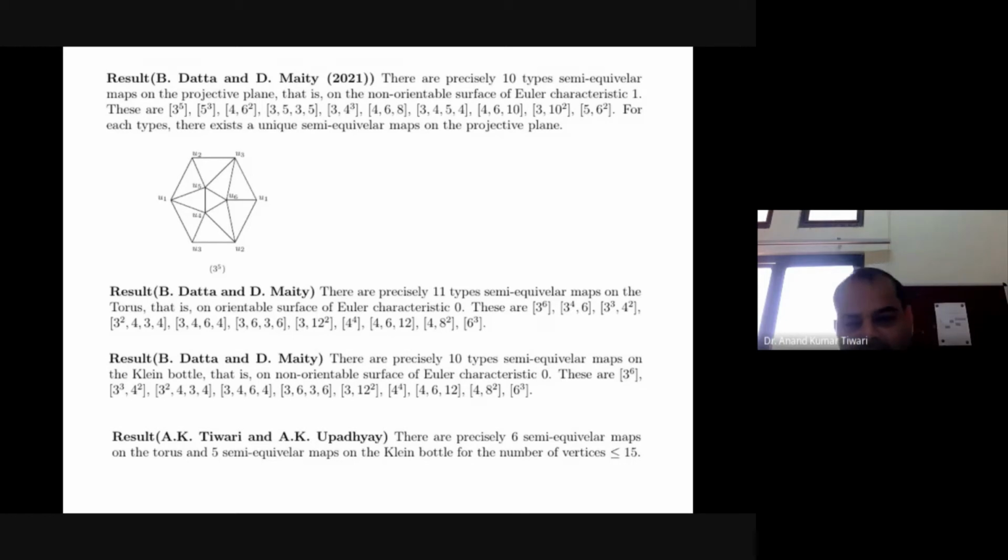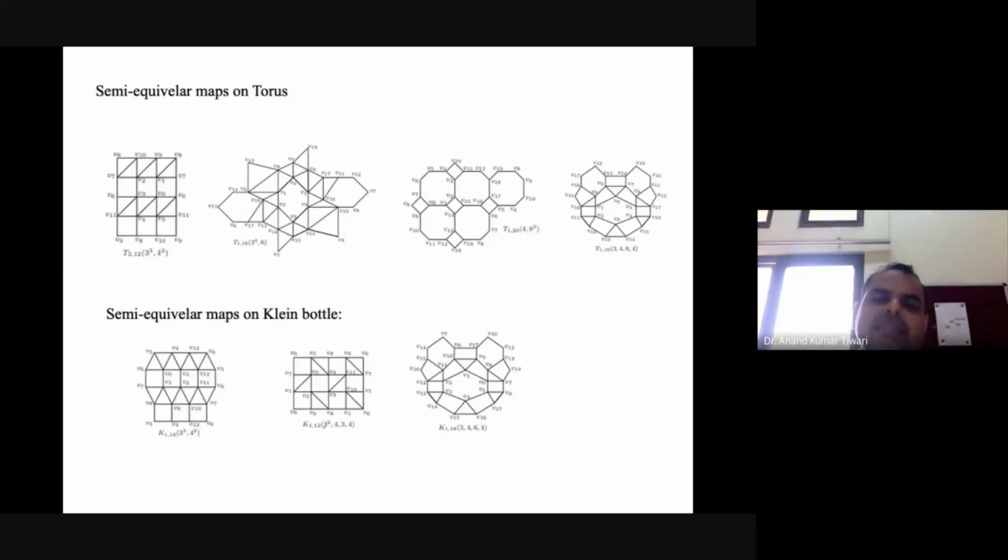What we did was classify such types of maps on the torus and Klein bottle, and we have a result that there are exactly 6 semi-equivalent maps on the torus and 5 semi-equivalent maps on the Klein bottle, up to at most 15 vertices. These are the examples.